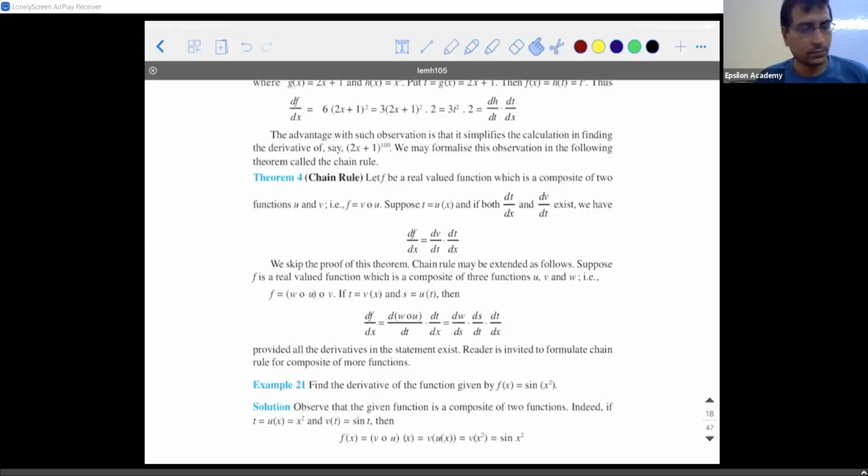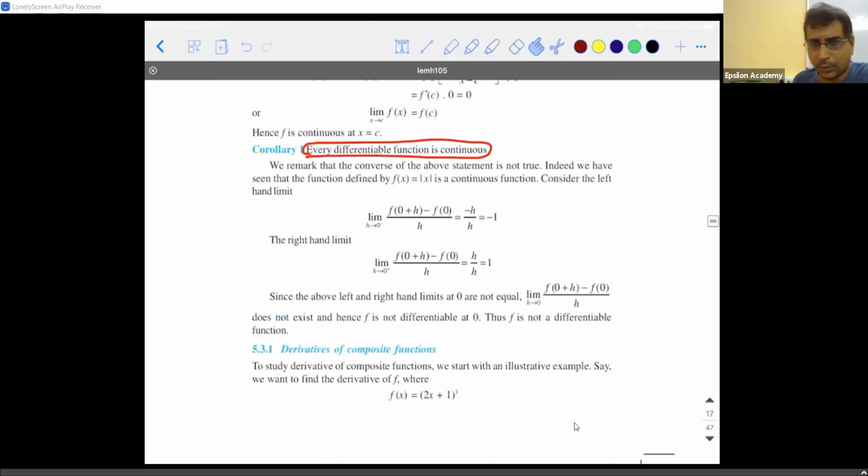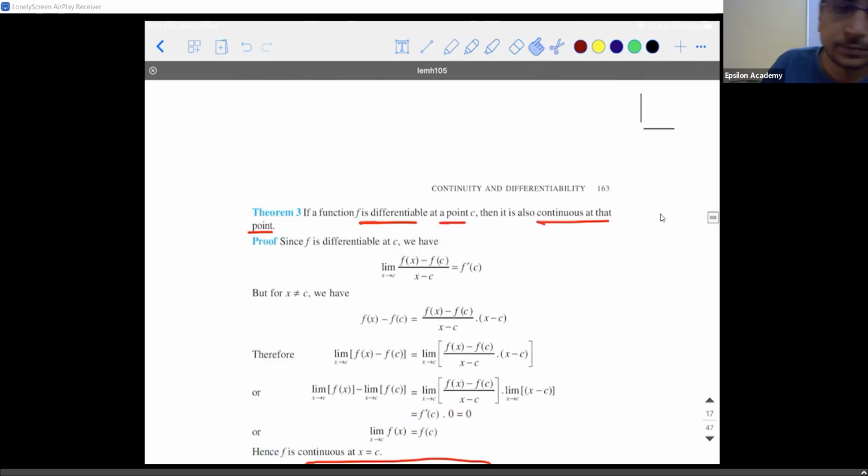I think we started chain rules. I started differentiability, that's what I remember. So I have not discussed the derivatives of composite functions, right?